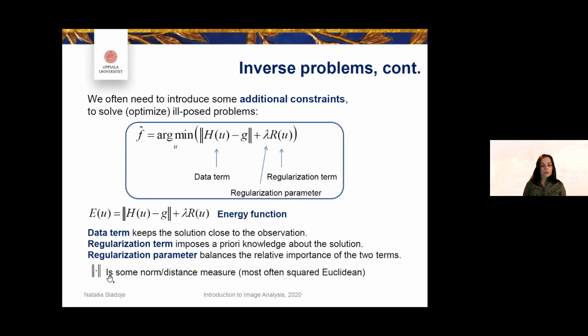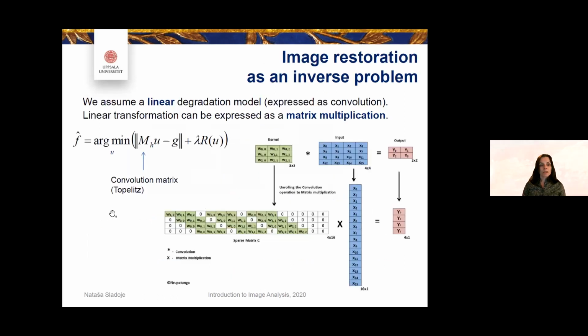These are already commented, and then again this final comment is that this difference between the forward process for a given argument and the observed image that we have is often measured in, let's say, the Euclidean sense. So it's most often the squared Euclidean distance or norm, which we apply here to measure the difference between the images.